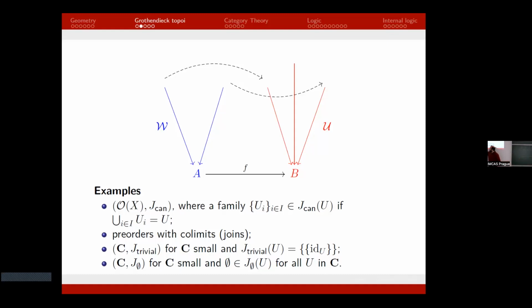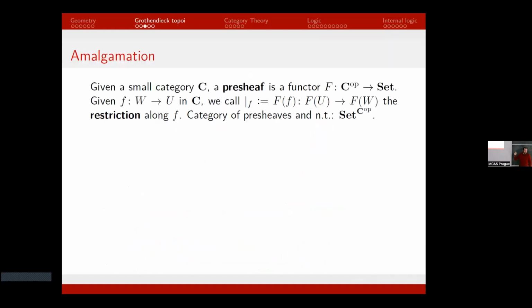Another example, which is not a single example but a family of examples that all behave similarly: whenever the zero family, the empty family, covers an object U, then this is also a coverage, and we'll see what this implies. This is, in a sense, the opposite picture. No map entering into the object will be able to recover the total information. This tells us that the sheaves are not going to be too interesting, but we'll see in detail what happens.